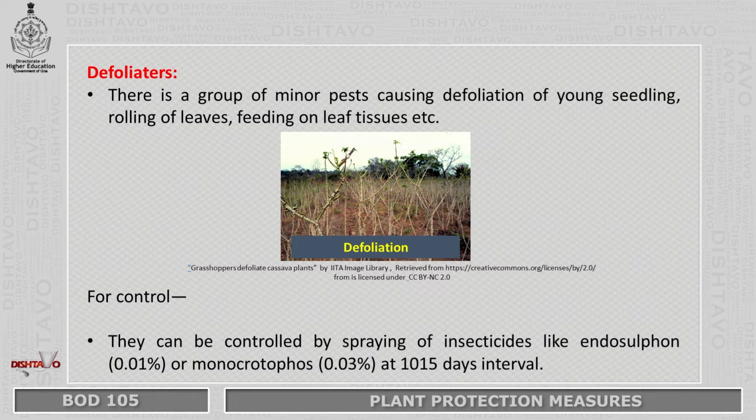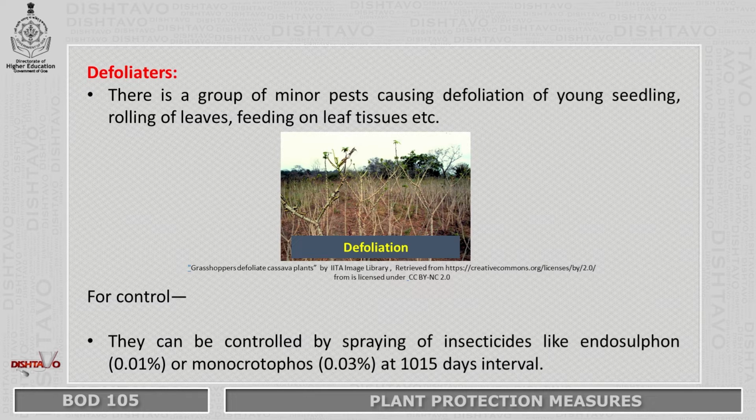Defoliators. There is a group of minor pests causing defoliation of young seedlings. Also you can see rolling of leaves and feeding on leaf tissues, etc. In the picture you can see the defoliation of seedlings and grown plants.